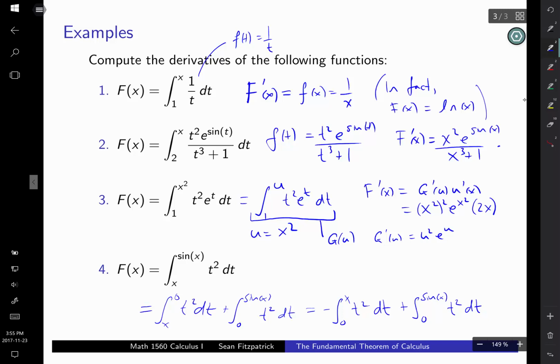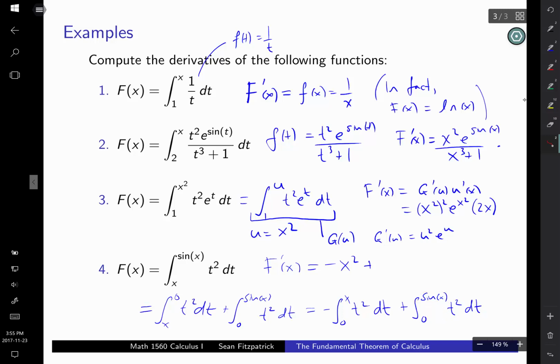Okay, so what's f prime? Well, the first one is straightforward. For the first integral, you do have just plain old x up there, so all we do is t gets replaced by x, we make sure we don't forget that minus sign out front, and we get minus x squared. For the other one, well, we've got to use chain rule again. So the derivative is u squared, but we evaluate when u equals sine x.